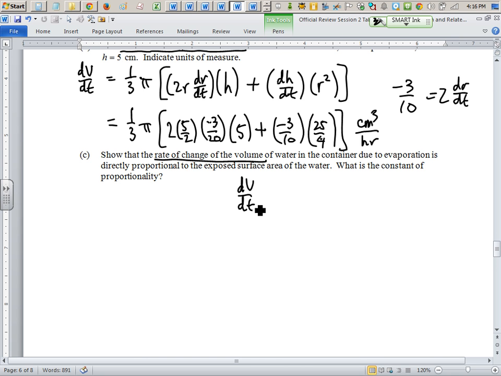That's dV/dt. Is proportional to. I taught you how to write that. Equals, that's your is. How do you write proportional to? K times. Is proportional to. Equals K times the exposed surface of the water.